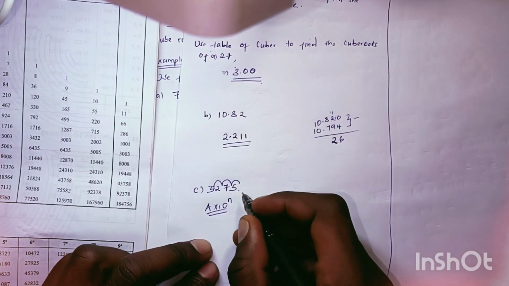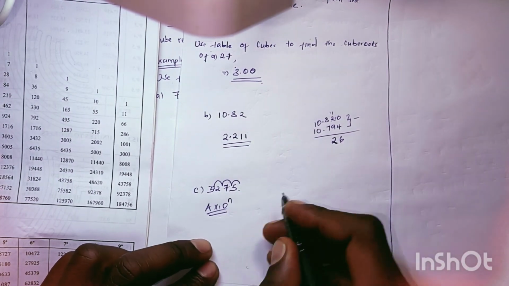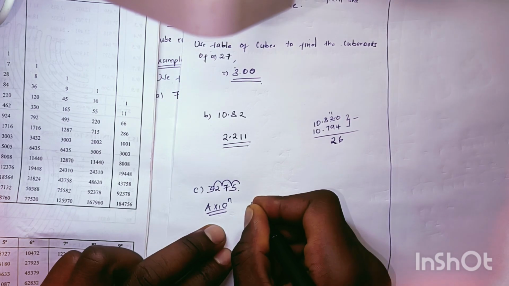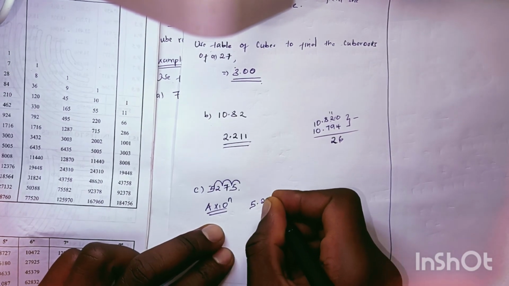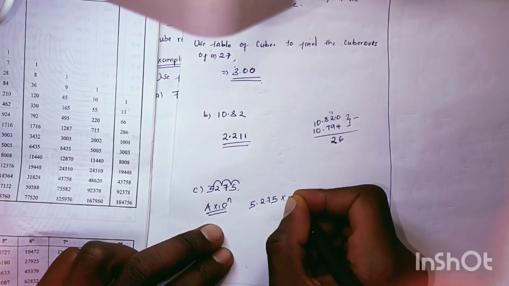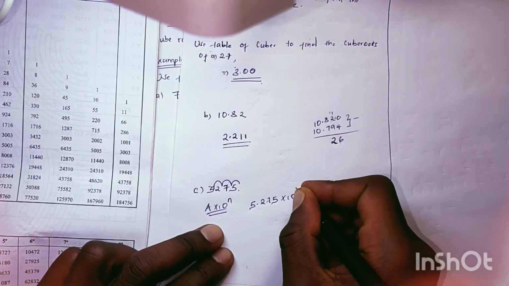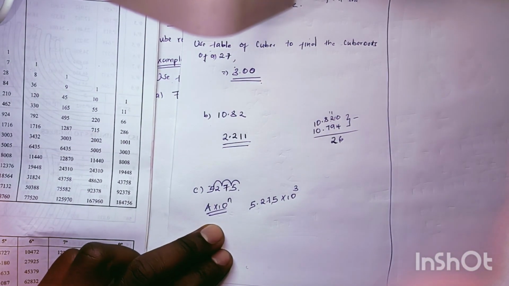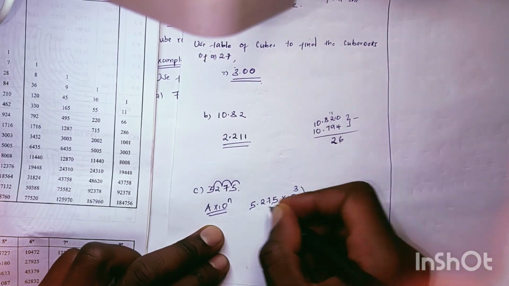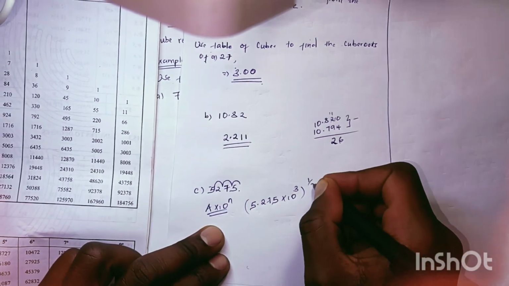So in this case, after getting that one, I should get my answer as 5.275 times 10 raised to power 3. Then after that, I'll be able to find the cube root.